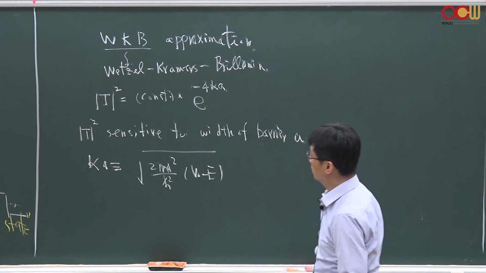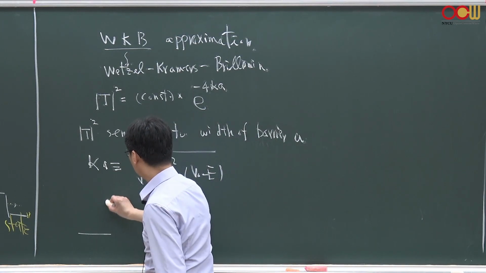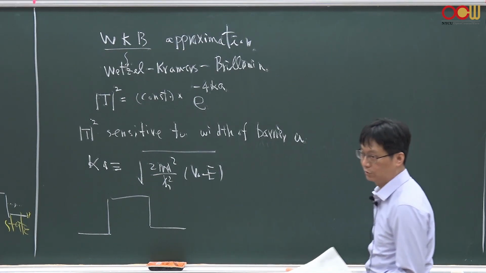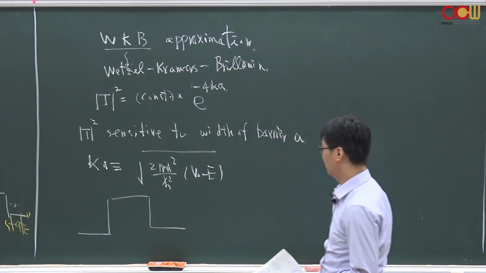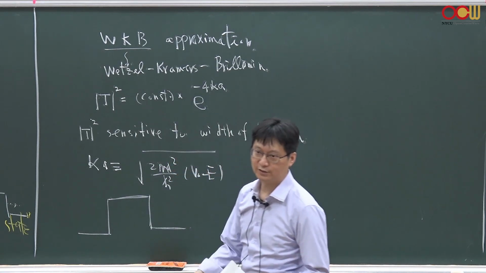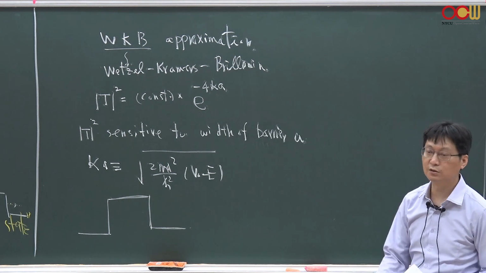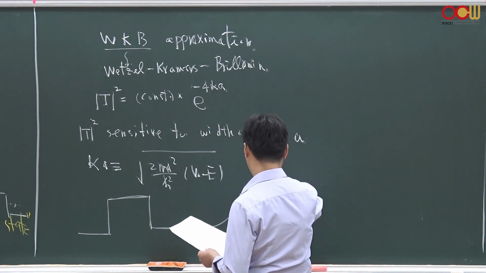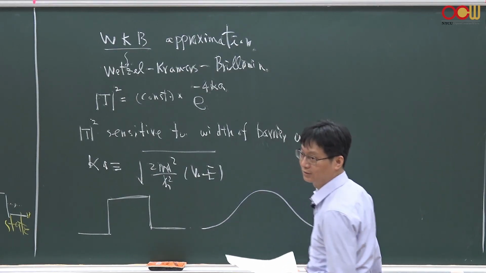But we know that the square-like barrier is just an ideal or toy model, because this kind of sharp edge of a barrier never exists in practice. In the real world, it is a very smooth, bump-like barrier, like this.